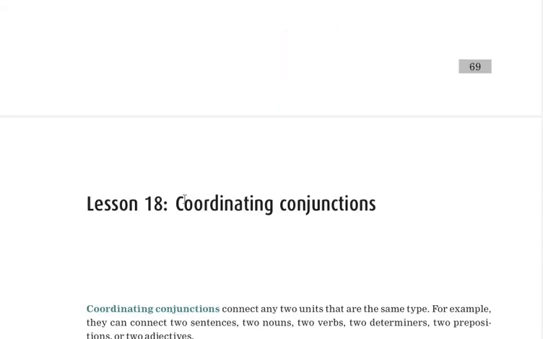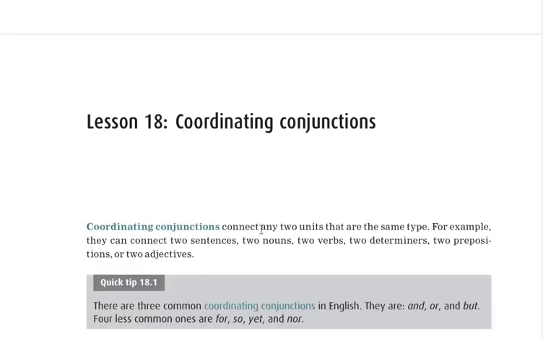First of all, there are coordinating conjunctions, which connect any two units of the same type. Two nouns, two verbs, two determiners, two prepositions, or two adjectives can be joined by them. These are called coordinating conjunctions.